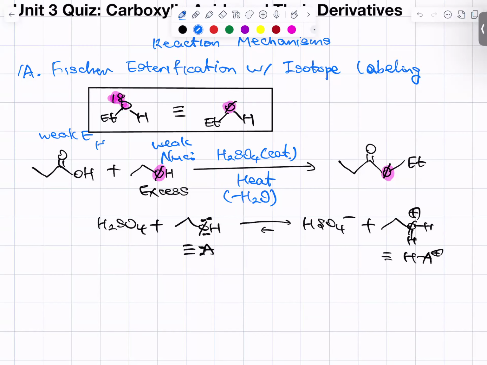We have acid available here, and this is a strongly acidic condition. This oxygen has two lone pairs, so let's activate it. Remember all the steps are equilibrium, so draw equilibrium arrows, not only forward but also backward, and let's draw this activated positive charge.